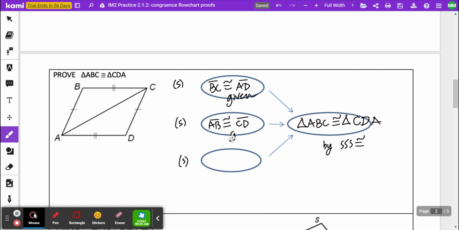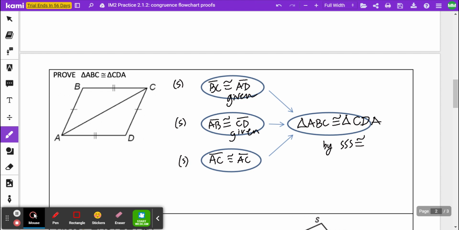That's also given because they each have only one tick mark. And then this last one. For me, this even feels silly to write, but I know I'm correct. AC is congruent to itself, AC. And that makes sense to write because I still have to make a statement about both triangles. It just happens to be that both triangles have this shared side.